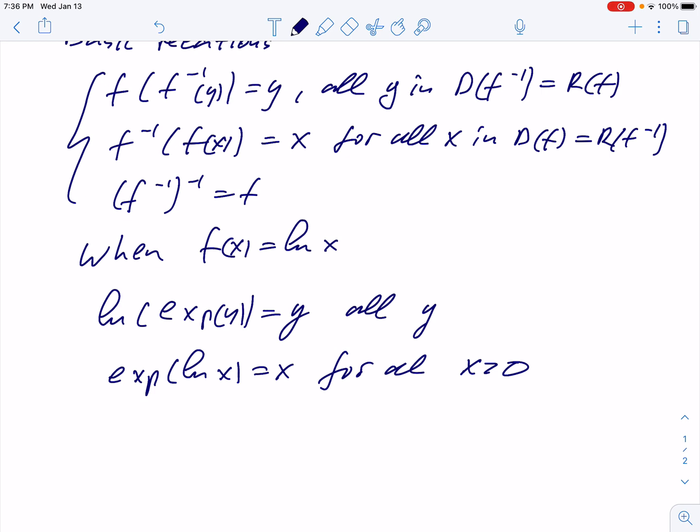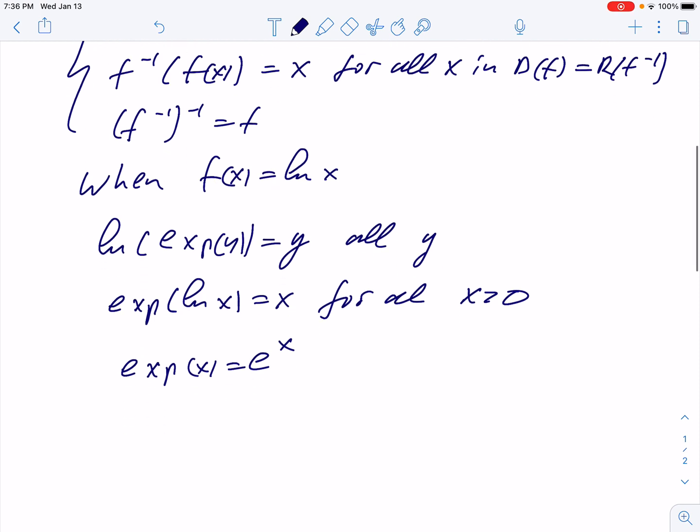Also, the exponential function is written this way. Exponential x is written like a power, and in this case it depends on the circumstances. If this is more convenient, we write it this way.